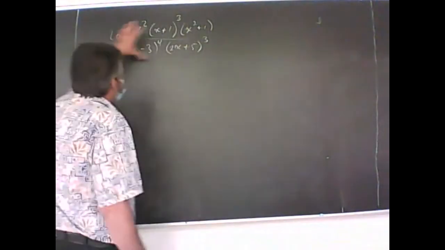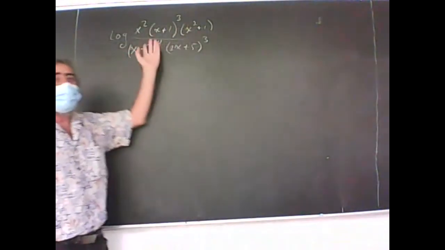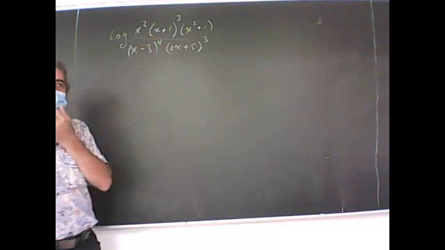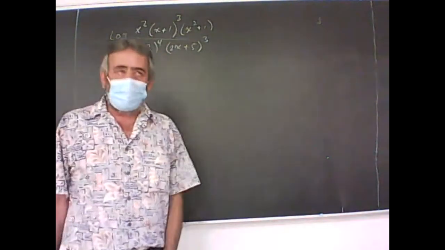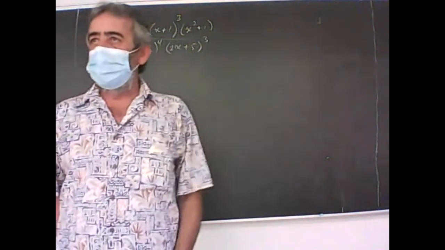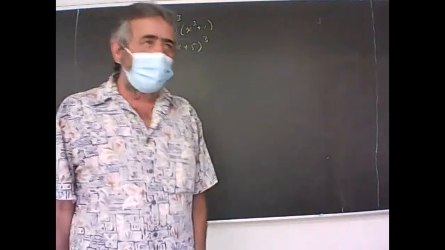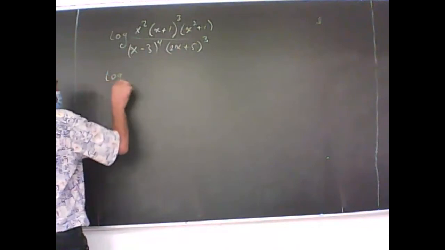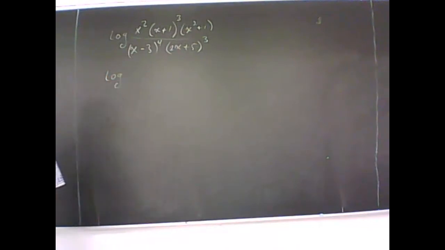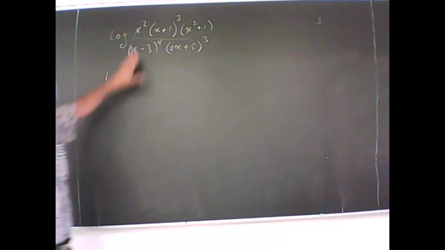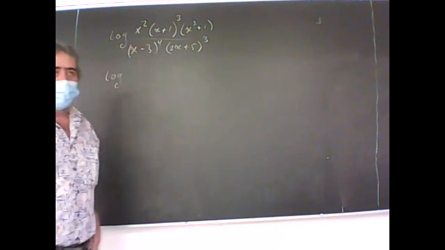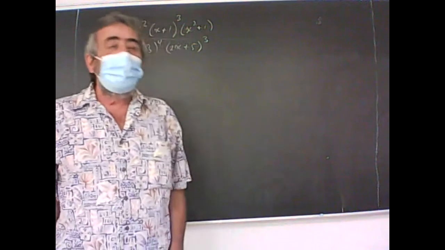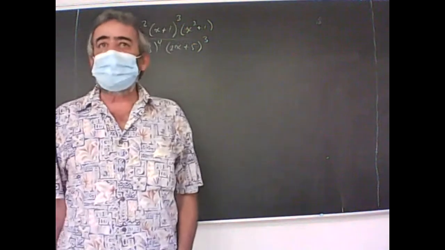When we expand these, that means every factor on top and every factor on the bottom must contain its own log. Okay? So we're going to start with the following log. What is the first factor in it? x squared. Let's not worry about the exponent first. We write what is inside.